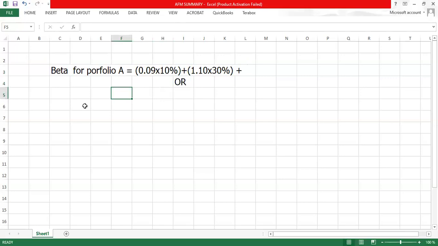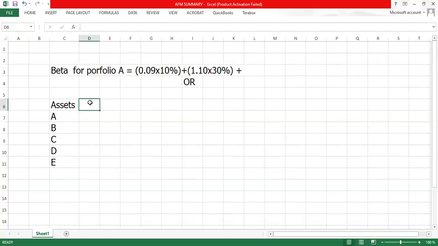Just use the table. You put here your assets. This is A, this is B, this is C, this is D, and this is E. Then I can put my asset beta for each asset.